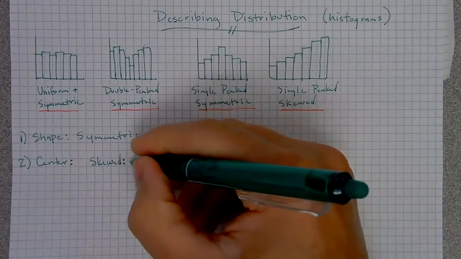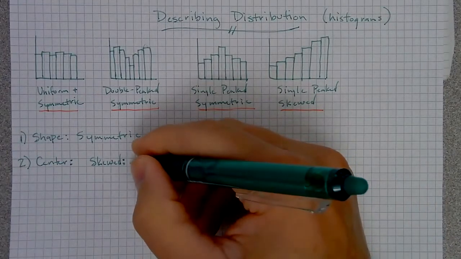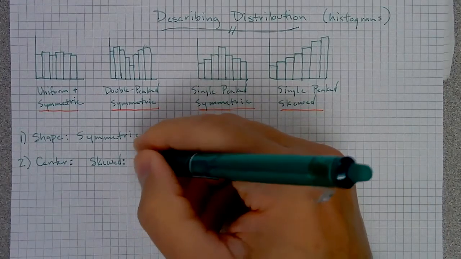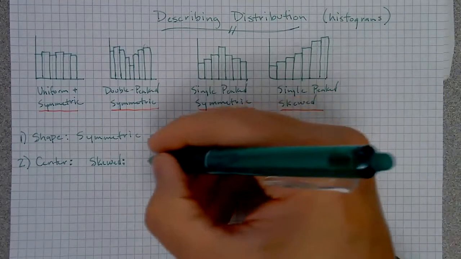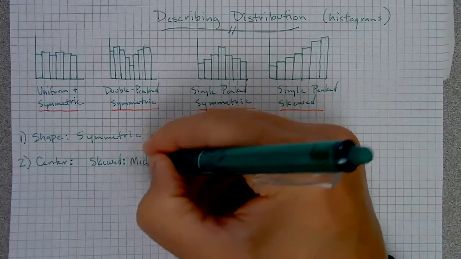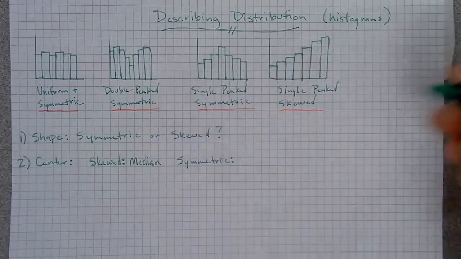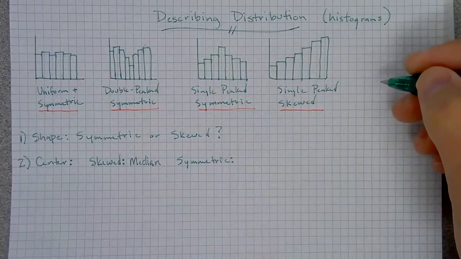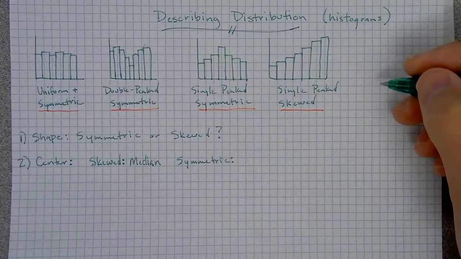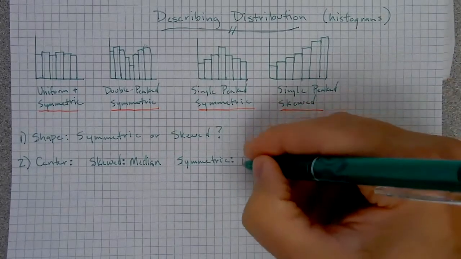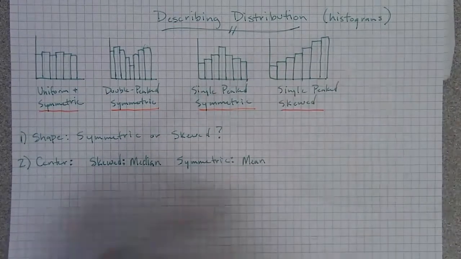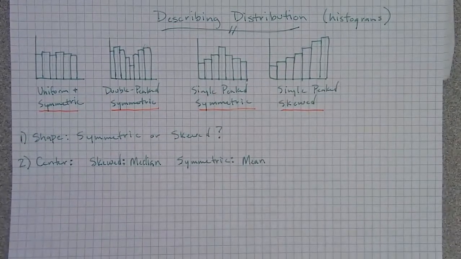If it's skewed, we're going to use the median to describe the center. And if it's symmetric, we're going to use the mean.